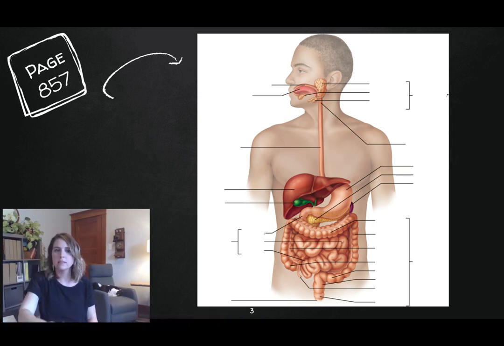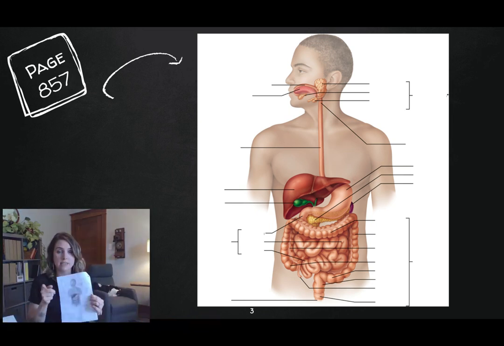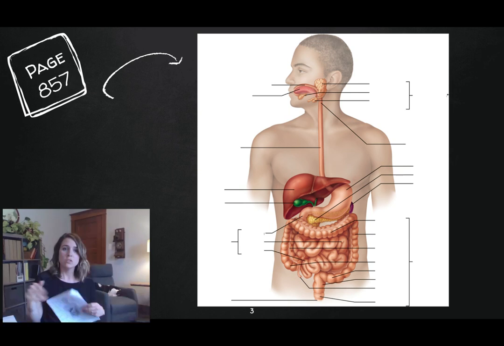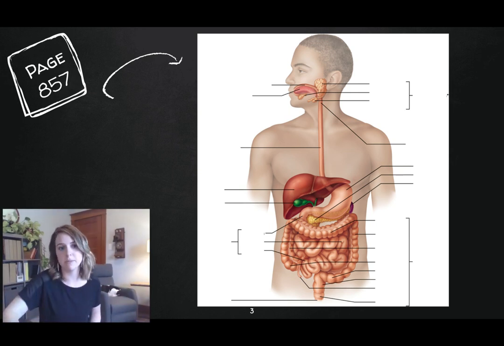It's the exact same picture that we have on page 2 of our study guide packet, and I am using all of the exact same labels that are in your textbook. So if you want to listen to me talk about these structures, you might have your textbook open. You can jot them down at your own leisure or go back and do that later.